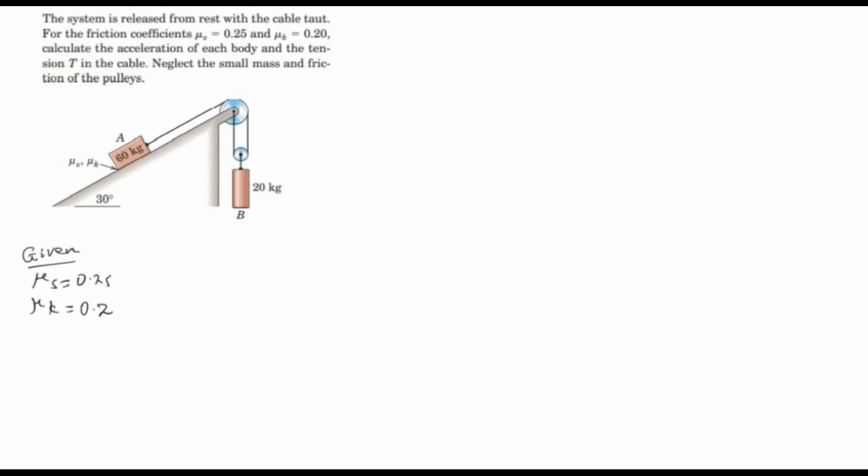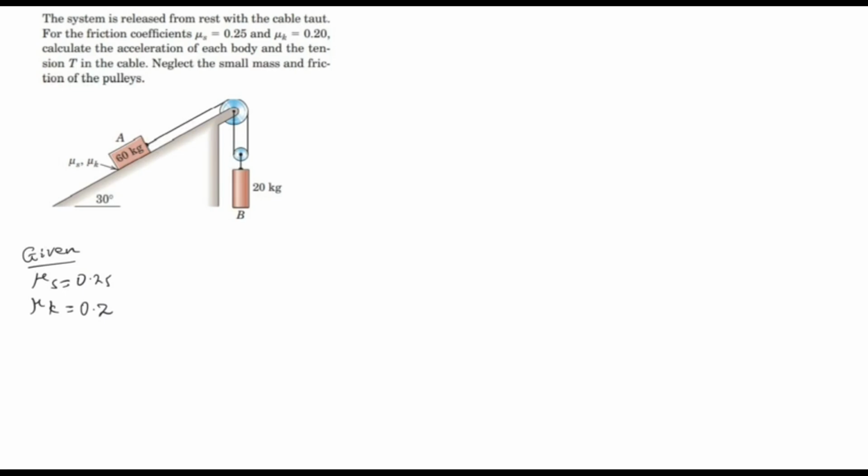Before doing anything, we have to check whether the system is under motion or not, because there is a probability that the objects might not move due to the friction between block A and the inclined plane. So let's check whether the system is in motion or not.